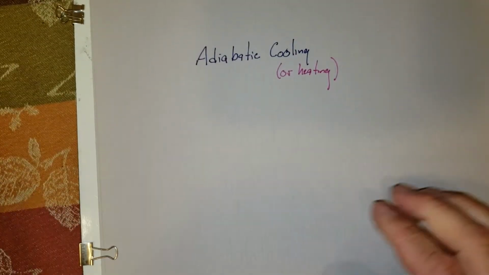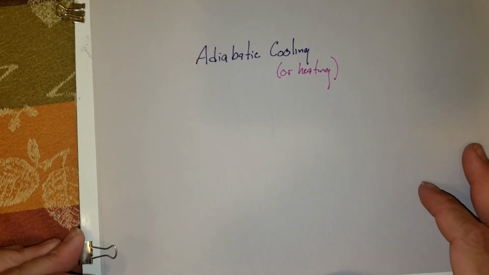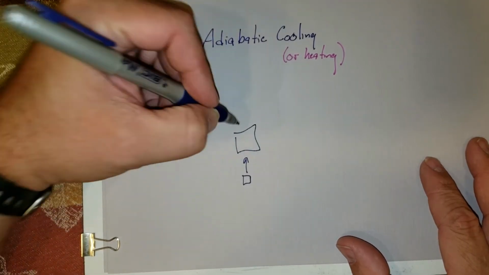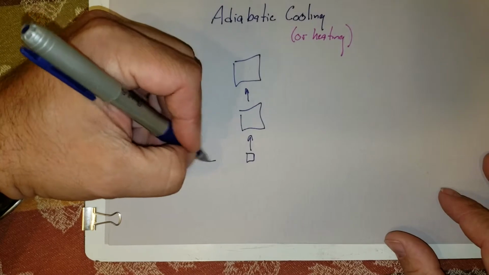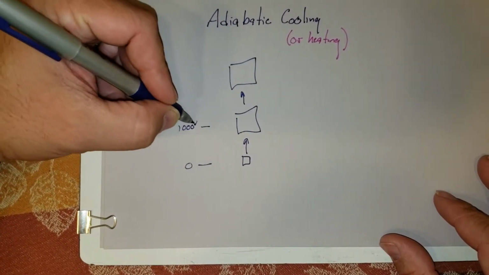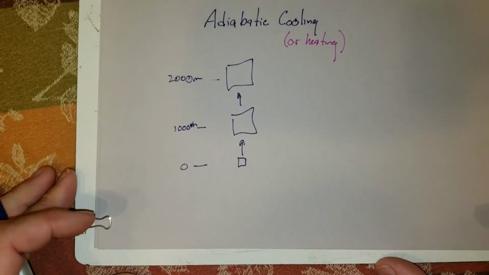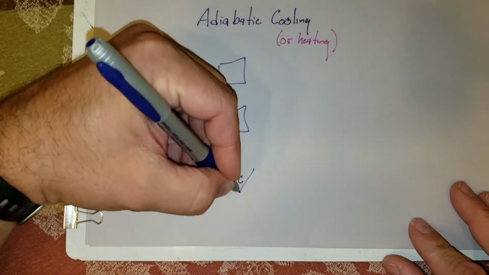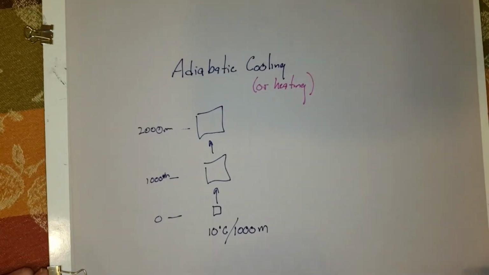There's a lot of variables out there in the world, but for this one, we've pretty much narrowed down what the temperature is. As our air mass goes up and cools by expansion, if we were at sea level and 1,000 meters and 2,000 meters, the rate of change is 10 degrees Celsius for every 1,000 meters that air parcel rises.